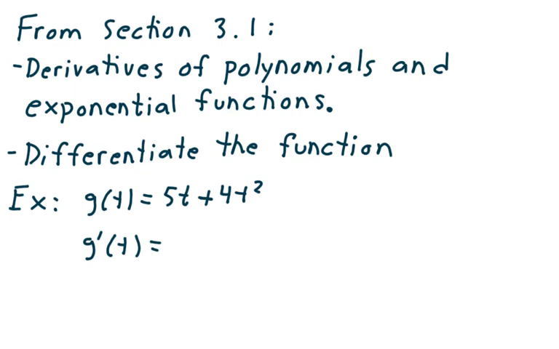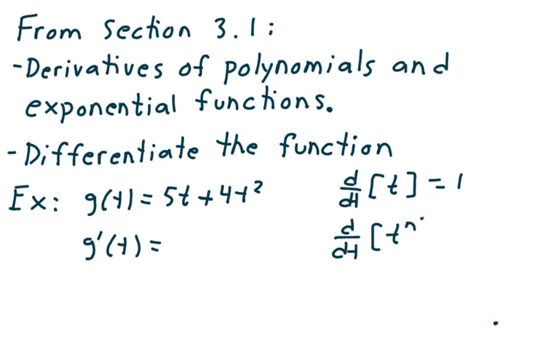Now remember, in this section, you learned that the derivative of t with respect to t is equal to 1, okay? And you also learned that the derivative of t to the n power is nt to the n minus 1, and so that's the power rule.